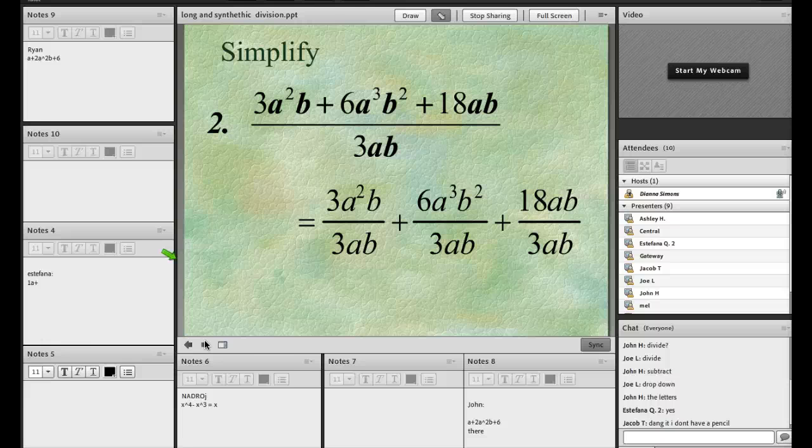Ryan, are you done with yours? Okay, Ryan's done. If anybody wants to type in his notepad, although there's a couple others that are open.